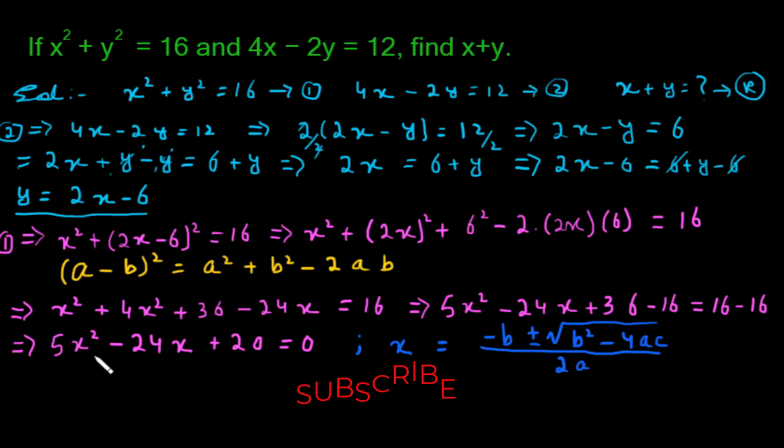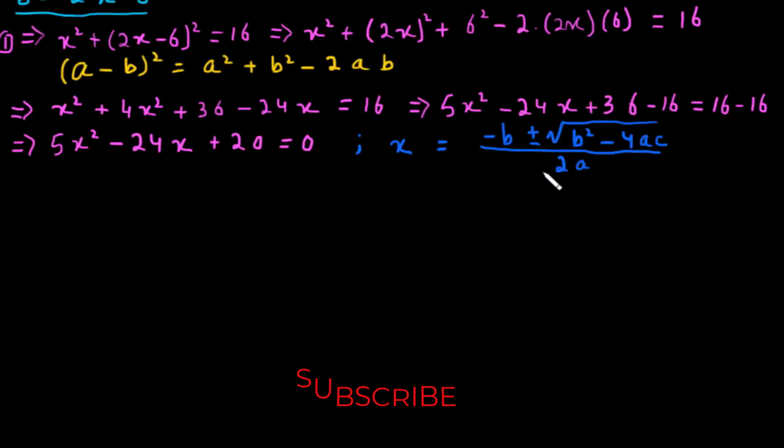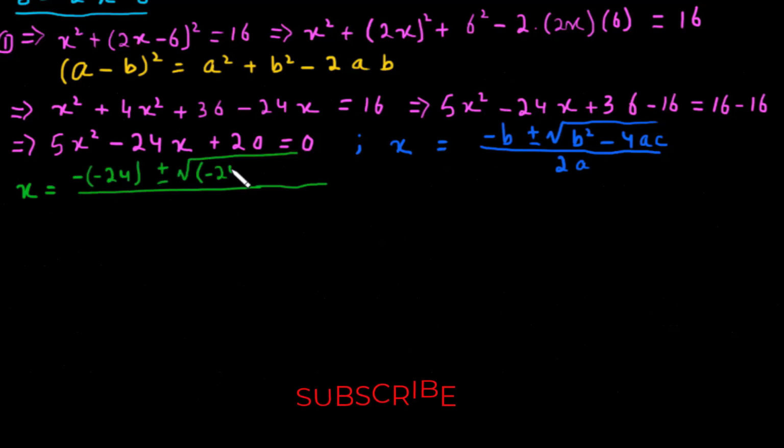Now substituting these values into this formula, that will give us x is equal to minus minus 24 plus minus square root of 24 squared minus 4 times a, the coefficient of x squared, that is 5, and c, that is the constant, is equal to 20, divided by 2 times a, and a is equal to 5. Now let's make the calculation.